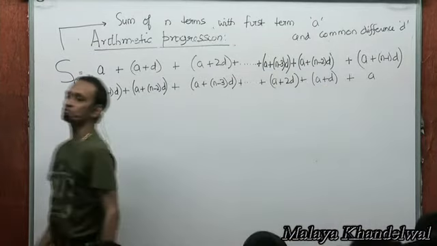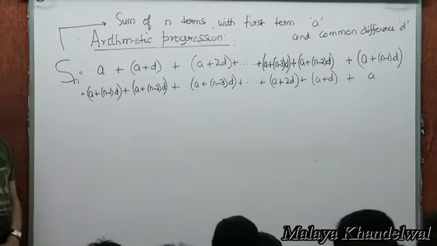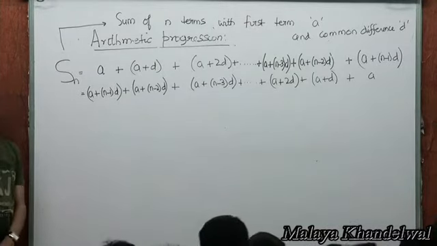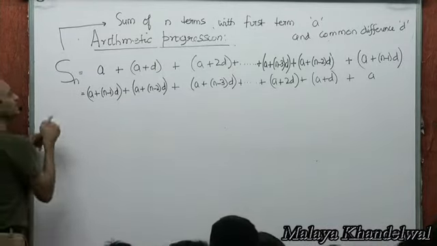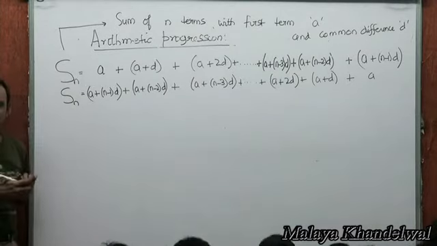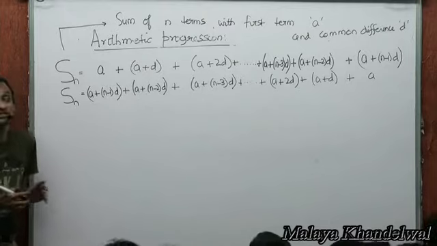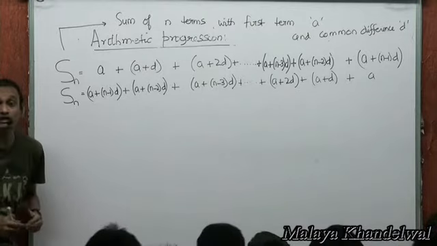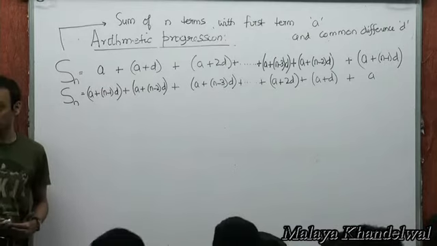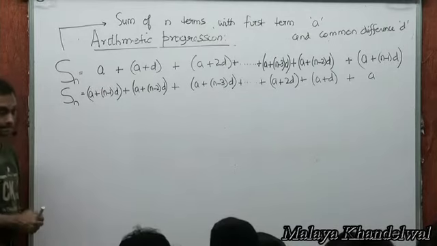I've just written the terms in reverse order now. Do you see that? The sum will remain the same, Sn, that will be the sum anyways. I'm seeking to find the sum of n terms in terms of A, the first term, and common difference D of this arithmetic progression. Clear?